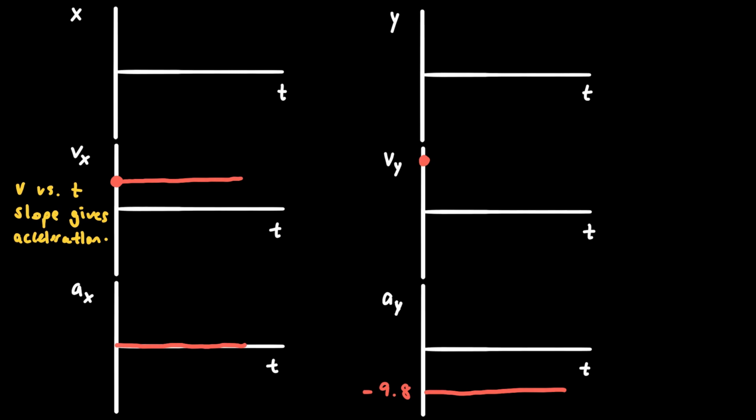I also know that the slope of this line has to be negative 9.8. And so the slope of this line might look something like this, where the slope is negative 9.8, which gives the acceleration.